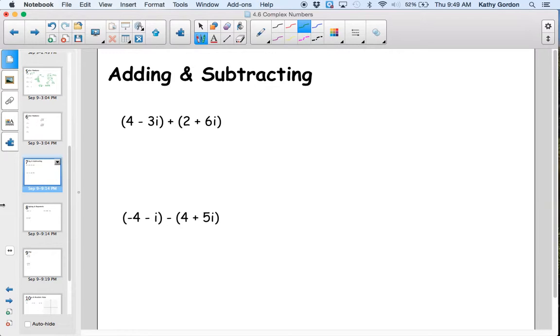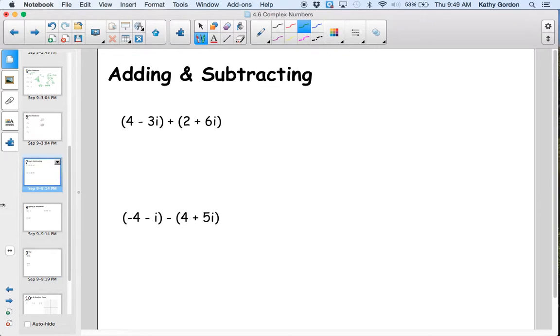So for example, if I'm asking you to add these two complex numbers together, this first parenthesis is just representing an a plus bi complex number. The second parenthesis is just representing a second a plus bi complex number. Okay? Adding these together is simply a matter of combining like terms.